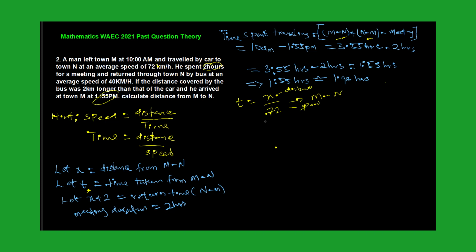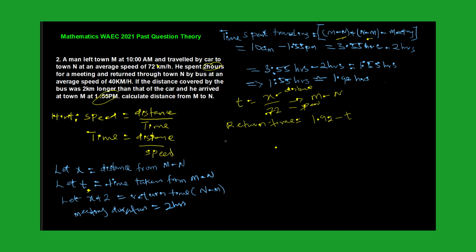So X over 72 is the time taken from point M to N. Then the return time will be the total time taken for the travel, which is 1.92 minus the time it takes from M to N. 1.92 hours is the total time for M to N and N to M, while T represents the time it takes from M to N. If we got the value of T, we'd be able to know the time it takes to return, but T is unknown.